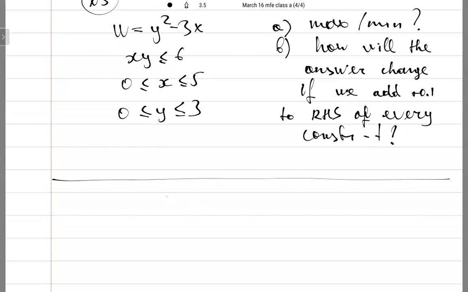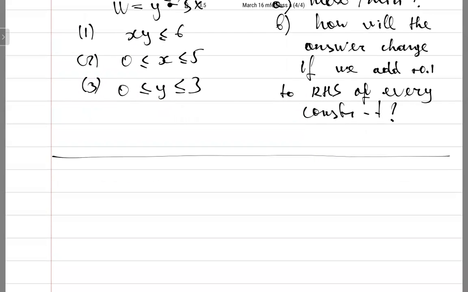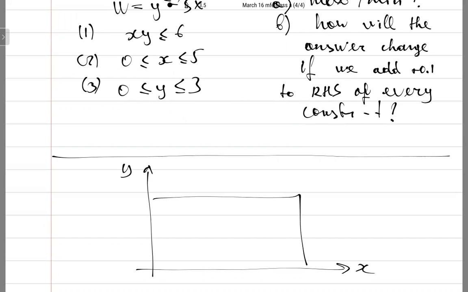Okay, so I go with plots. I can draw constraints 1, 2, 3. Constraints 2 and 3 are just a rectangle in x, y, with sides 5 and 3. Now xy equal to 6 is a curve, we know it is 6 divided by x.